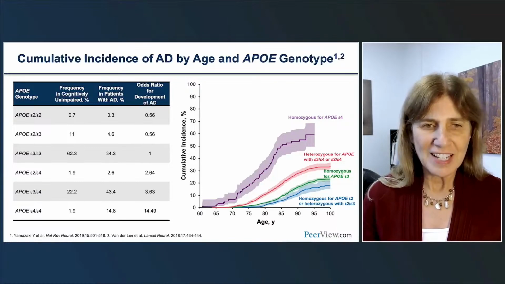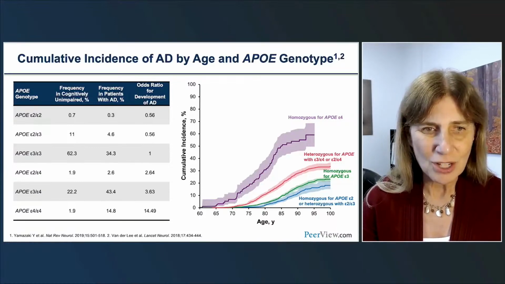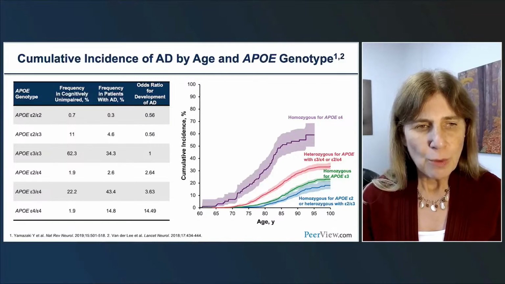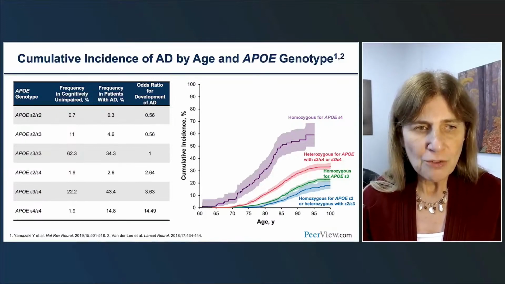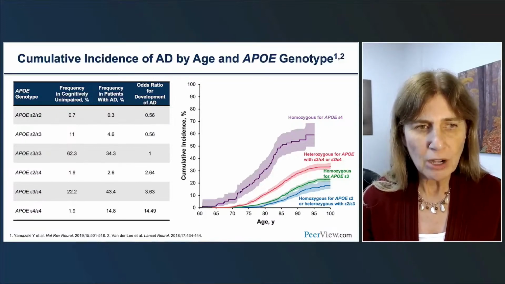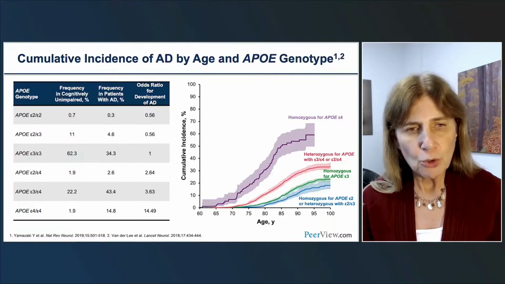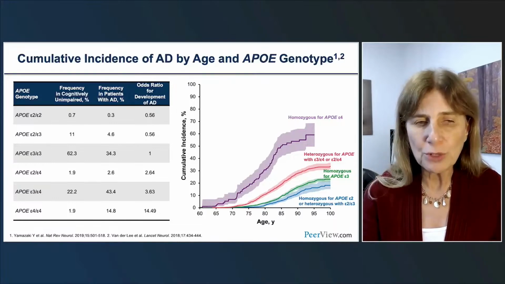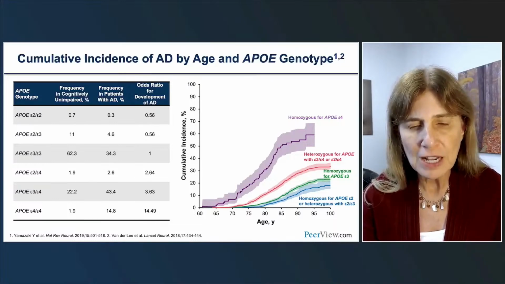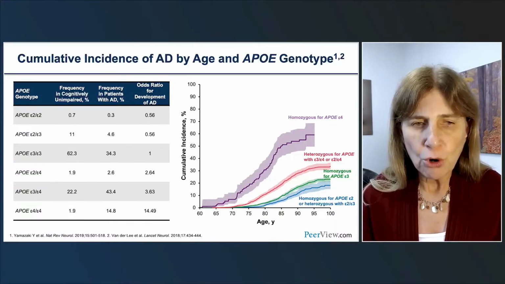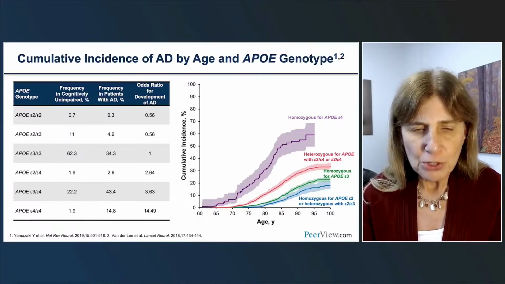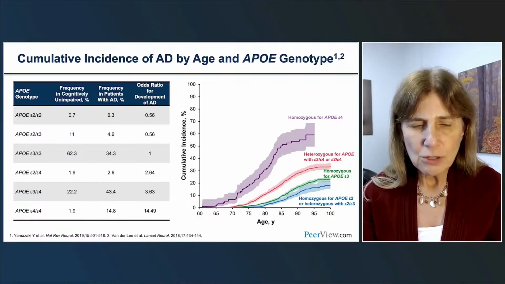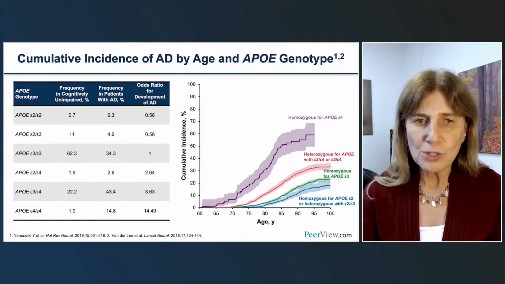It neither facilitates nor protects, so you get this odds ratio of 1. And then when you get to the ApoE4 heterozygote state, 1 copy of ApoE4, you go up to around 3, or a little bit over a 3-fold increased risk over the general population. And then look at ApoE4 homozygotes, about 15 times greater risk. So substantial when you're an E4 homozygote.